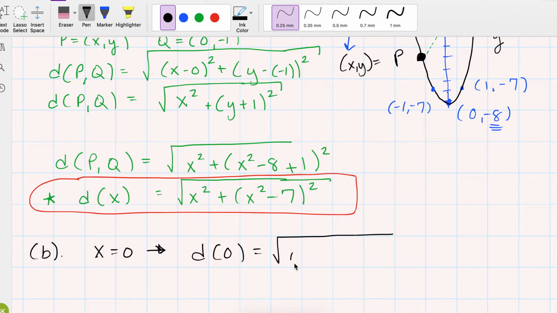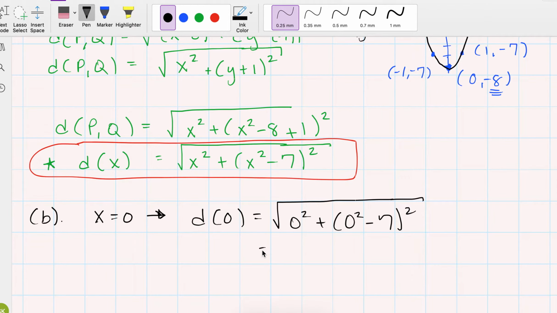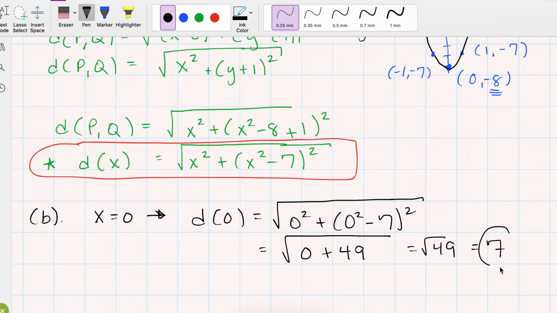So we get 0 squared plus 0 squared minus 7 squared, which is 0 plus -7 squared, which is 49. So we get the square root of 49, which is just 7. So when x is 0, the distance is 7.